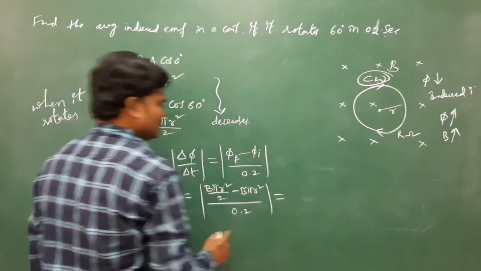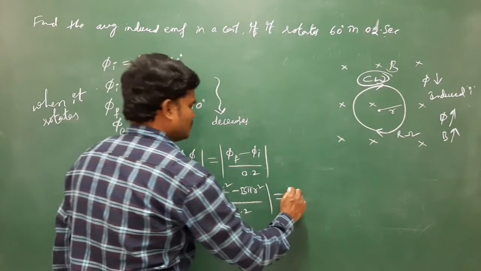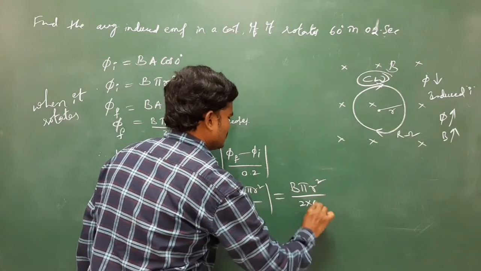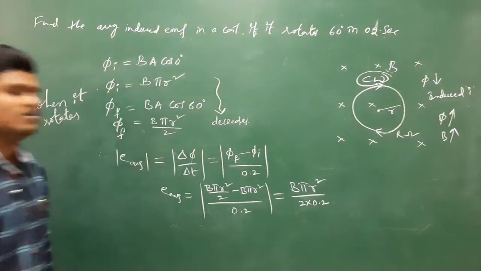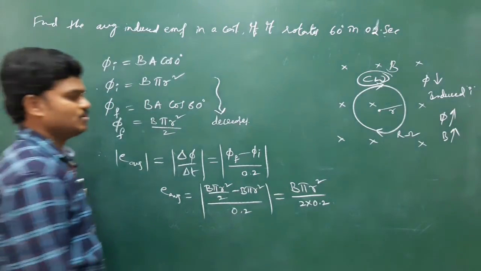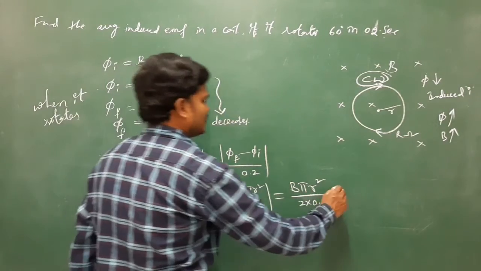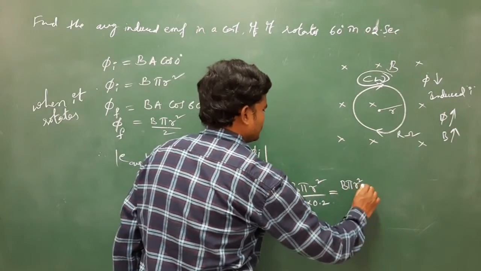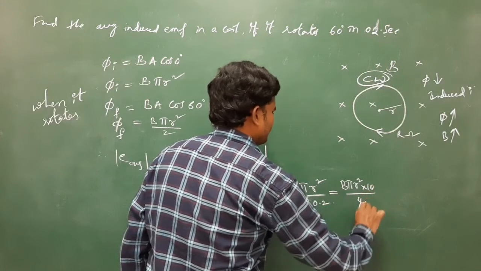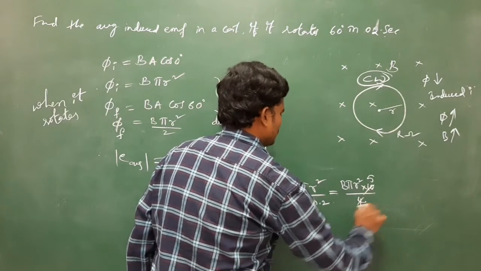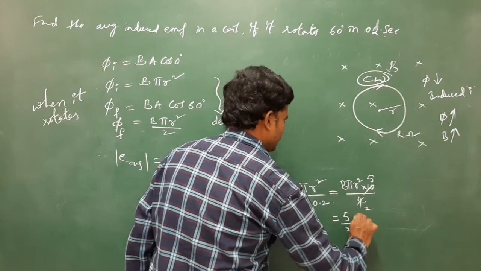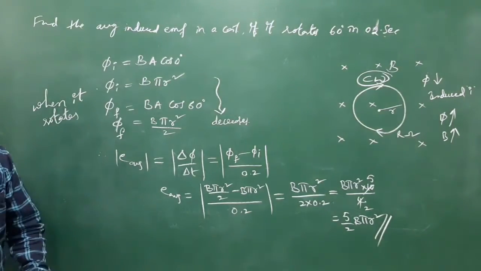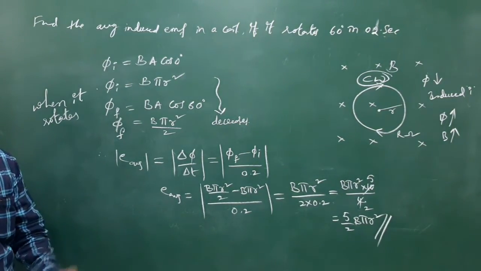So this is B pi r square by 2 by 0.2, which we can write as 10 by 4, or 5 by 2 B pi r square. If they give the field and radius, just substitute field and radius, and you will get the answer.